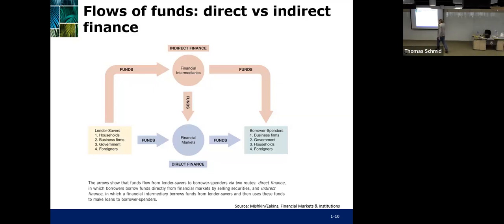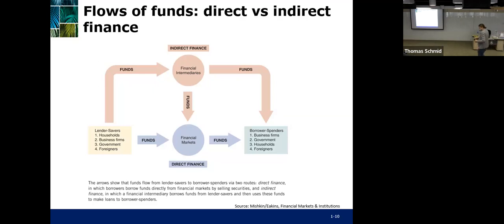Basically there are two ways the money can flow from Jack to Amy. There's a direct way and an indirect way. We are mostly talking about the direct way here. The direct way is via financial markets. The whole idea of financial markets is that Amy and Jack can meet. They can write a contract, and Jack can transfer his money to Amy.